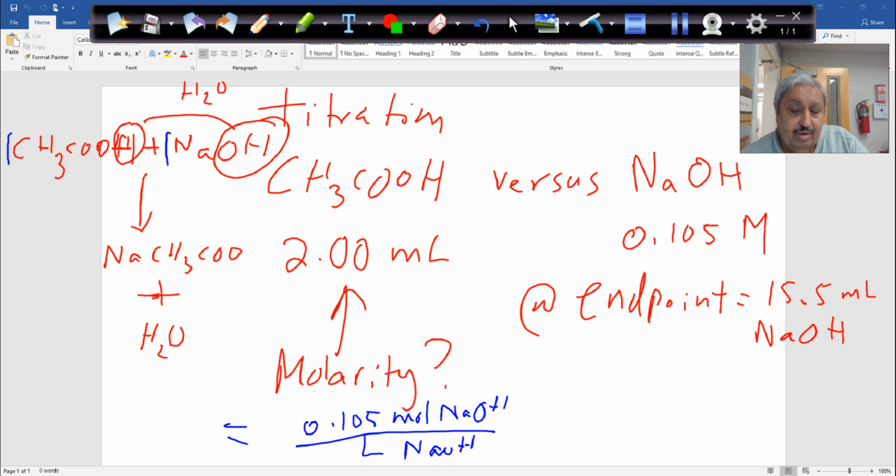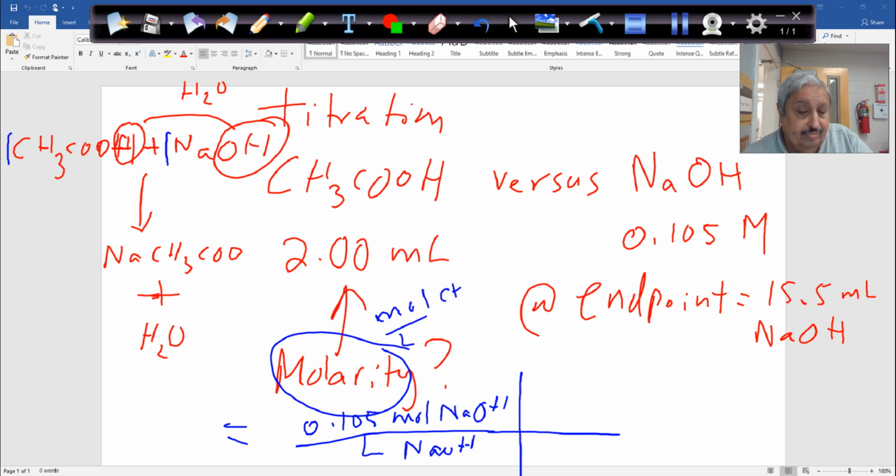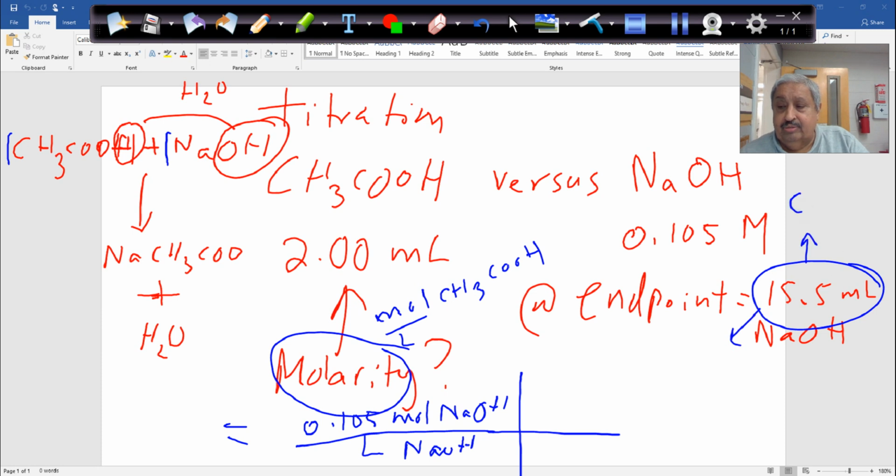Correct? You can do a table if you want. Let's do a table. We're switching here. Now, I have to get rid of the mole of sodium hydroxide and liter of sodium hydroxide. I need the molarity here, mole per liter acetic acid. So how do we do this? First of all, this one has to be converted into liters, correct?